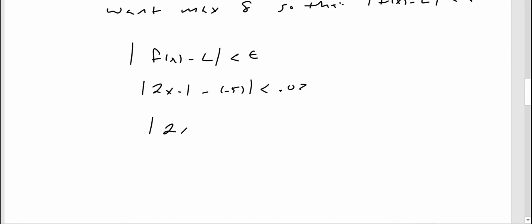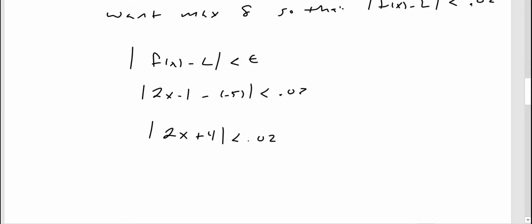So let's see, |2x plus 4| then has to be less than 0.02. Now remember what I'm looking for, because the limit was x approaches -2, and I want to keep my eye on the goal. I want |x plus 2| is less than whatever the delta needs to be.